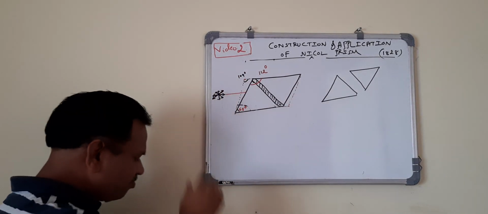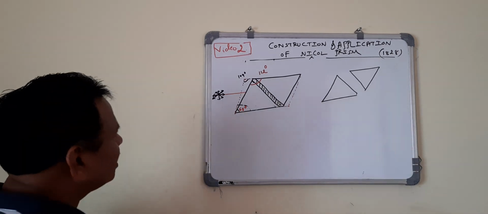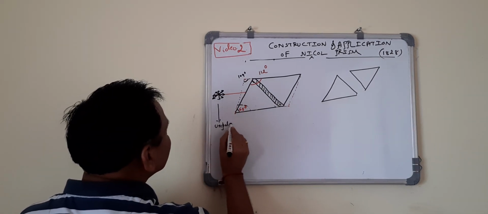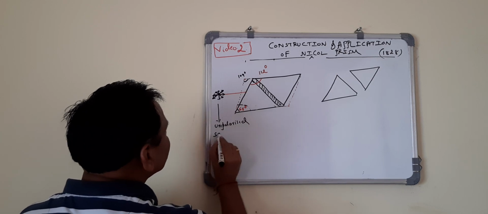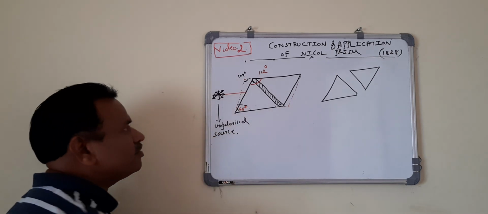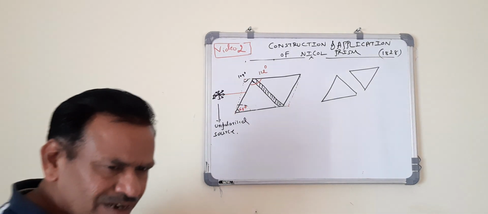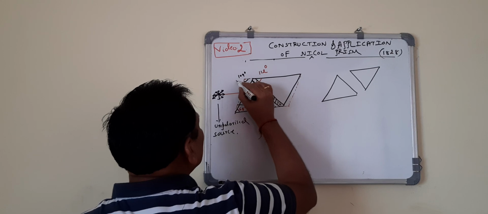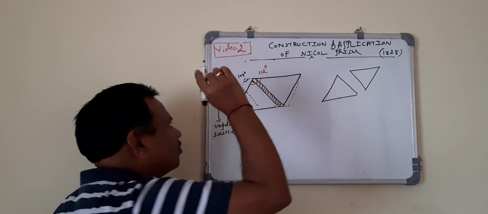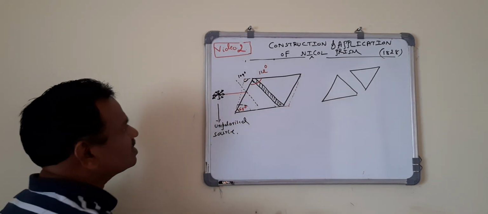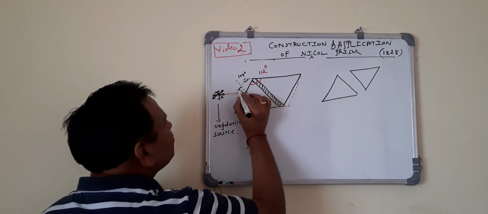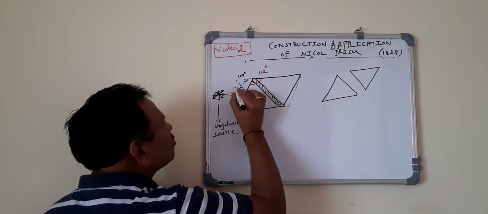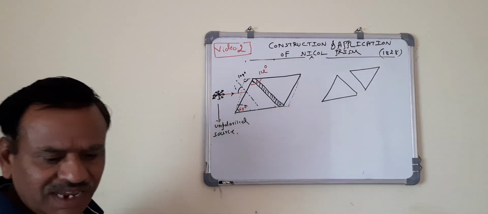This is the unpolarized light, an unpolarized source. Now it is incident on it. It is nothing but a calcite crystal only, with some modification. Here I have drawn the normal to it. The angle between the incident ray and this normal is called the angle of incidence.